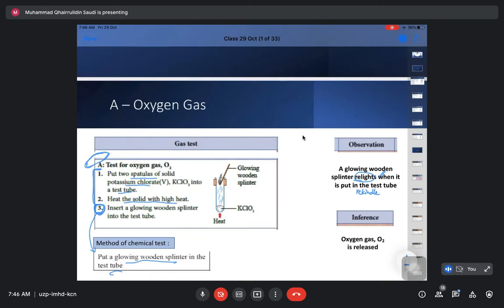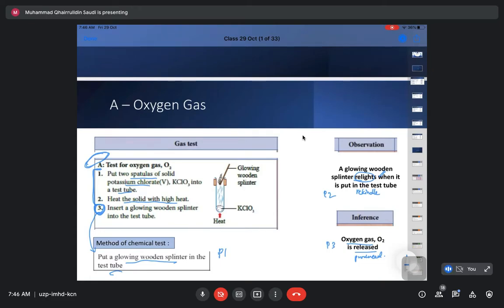That is the observation. So the first mark is the method, the second one is the observation, and the third one shows that oxygen gas is released or oxygen gas is produced. Selalunya chemical test perlu ada 3 benda ni for 3 marks: what you are doing, what will be the observation and what is the conclusion.